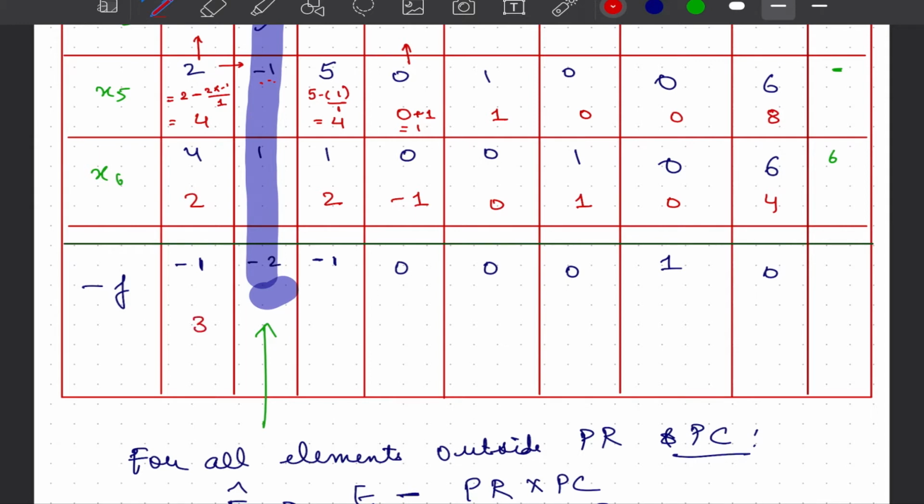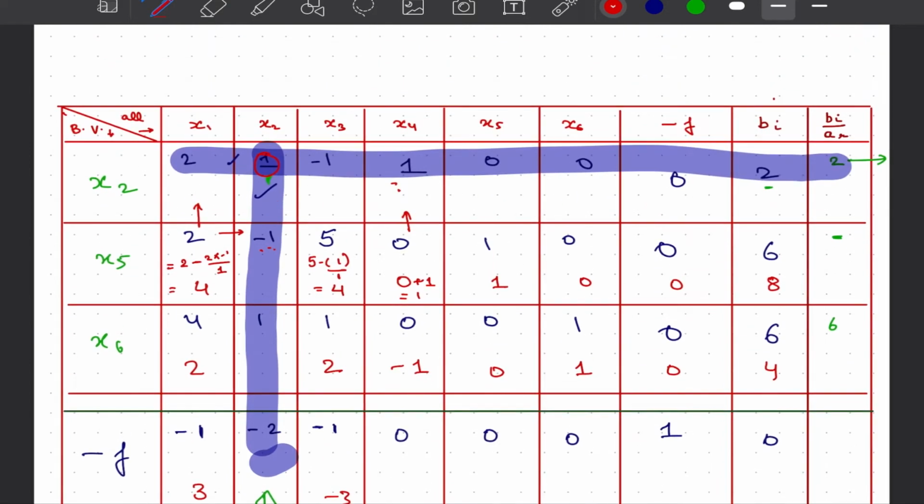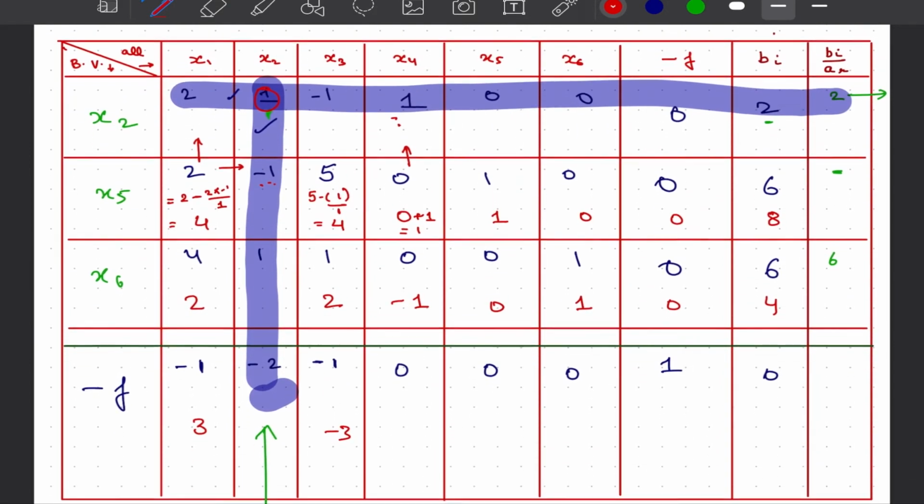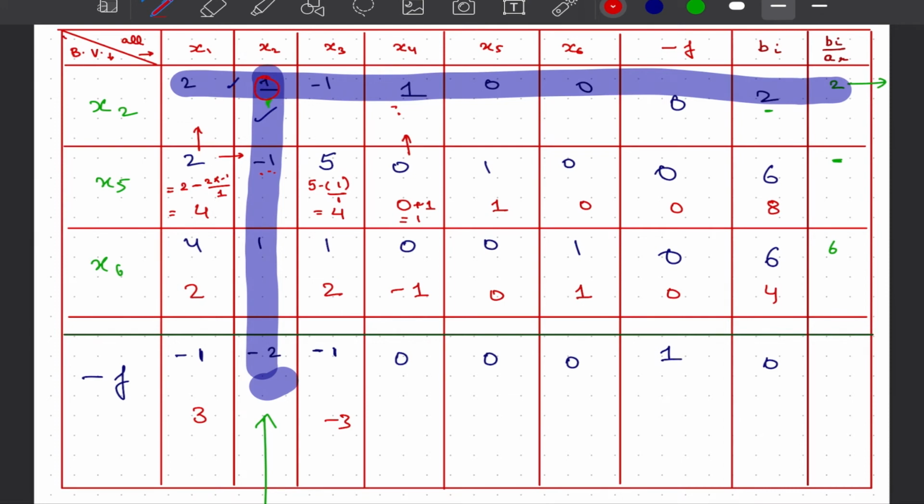This becomes 3, or this becomes minus 3 actually. So if you again do minus 1 plus 2, so this would be minus 1 minus minus 2 into minus 1 divided by 1, minus 1 minus 2 equal to minus 3. So this is minus 3, this is equal to 2, this is 0, 0, 1, and 4.